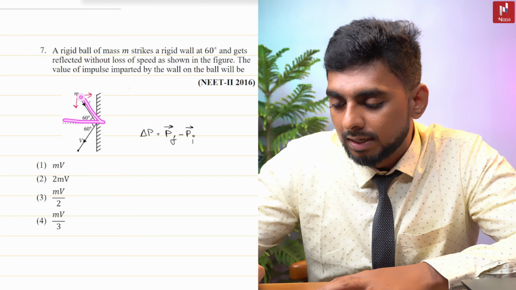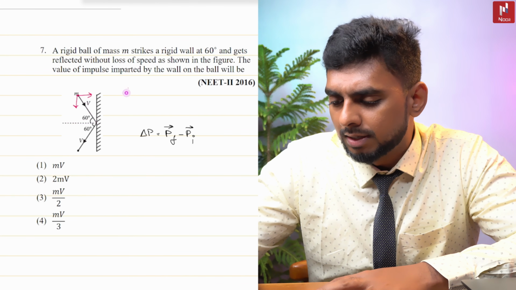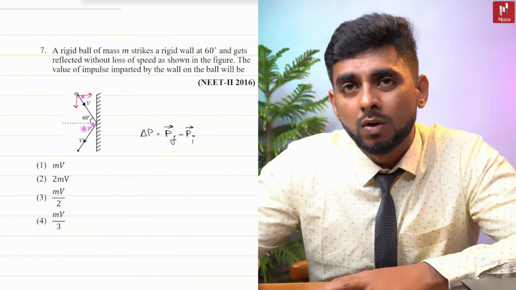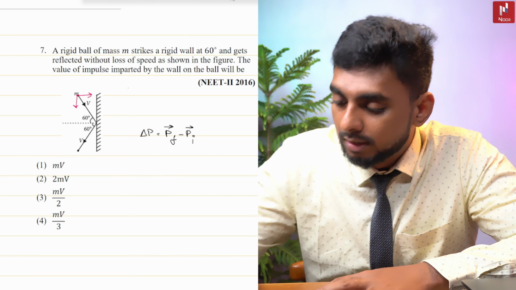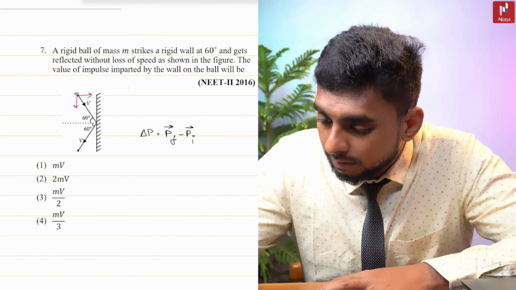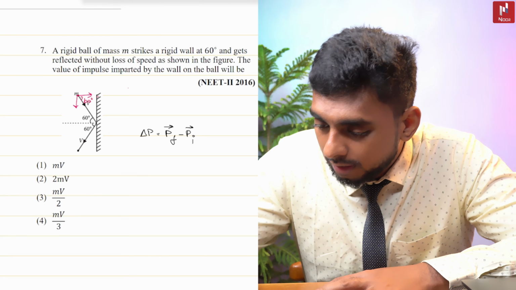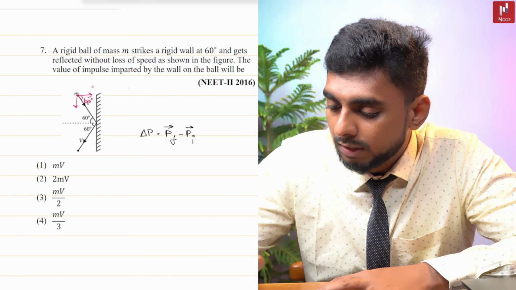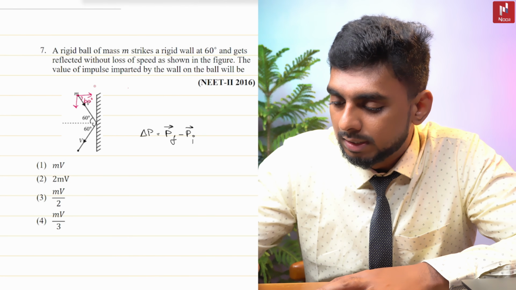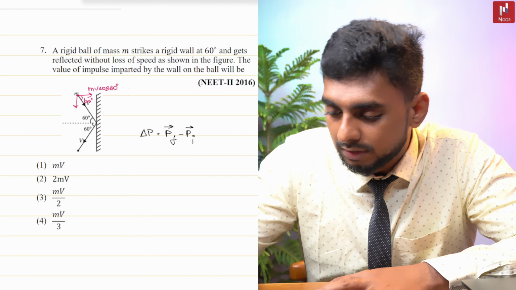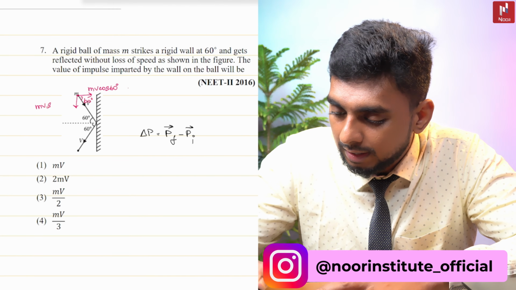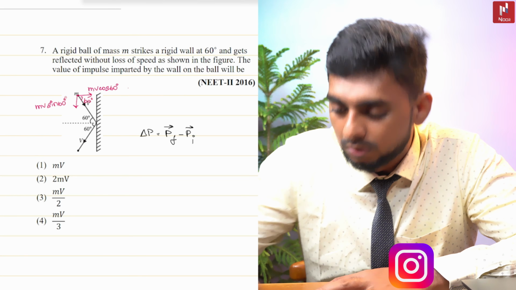It is inside the shape of a Z, therefore these two things are alternate angles. So this should obviously be 60 degrees. Then that will be my cosine component, which is x, so it will be mv cos 60 degrees. Same way this will be mv sin 60 degrees. So this is also done.